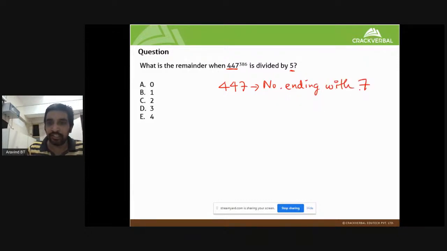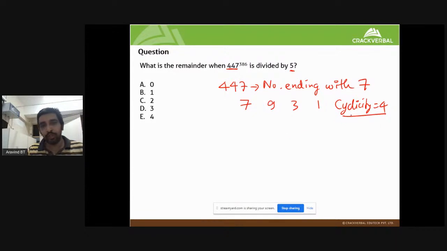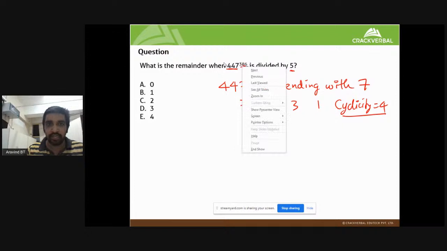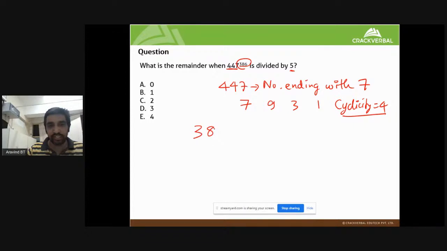And for a number ending with 7, we know that the units digit cycle is 7, 9, 3, and 1, which means a cyclicity of 4. So what do we do when we have a cyclicity of 4? We divide the power by the cyclicity. So I divide 386 by 4.